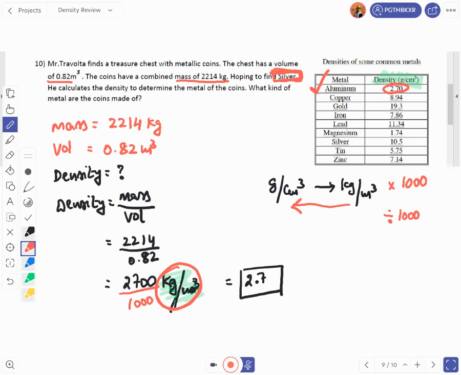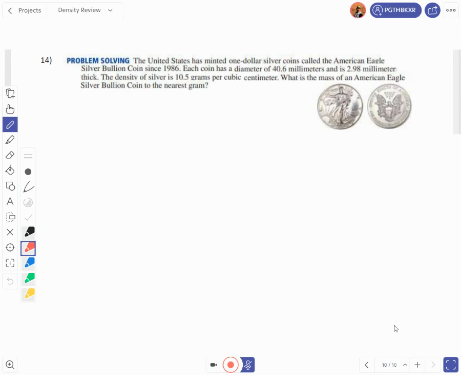Okay, now the last question for the session. The United States has minted $1 silver coins called the American Eagle silver bullion coin since 1986. Each coin has a diameter of 40.6 millimeters, so diameter is given, and 2.98 millimeters thickness.